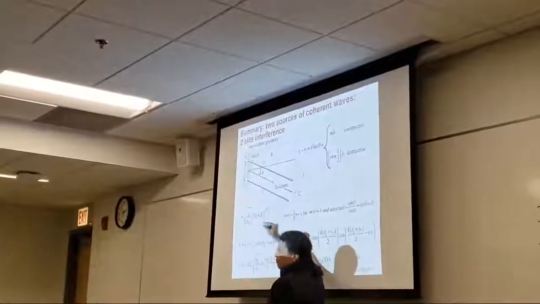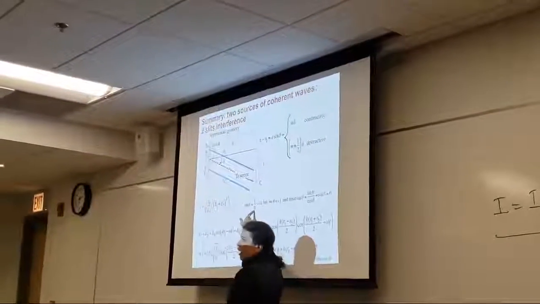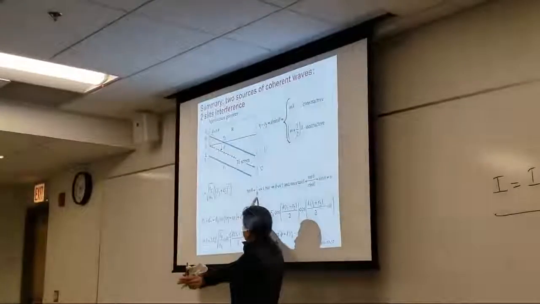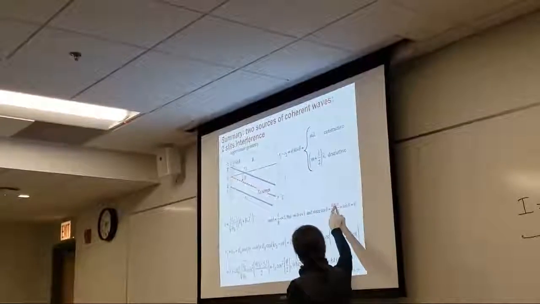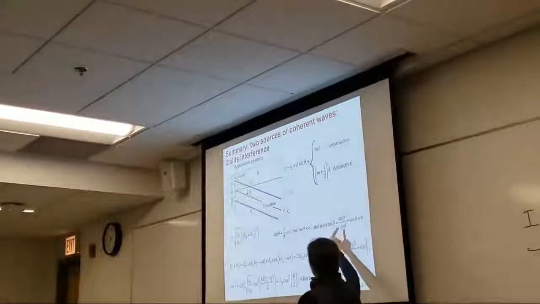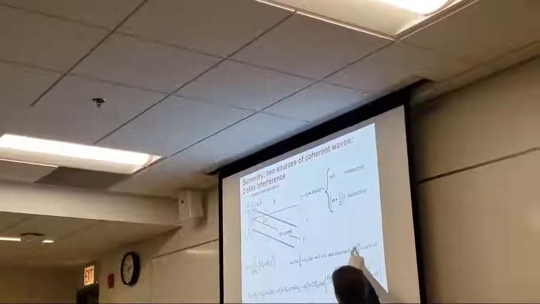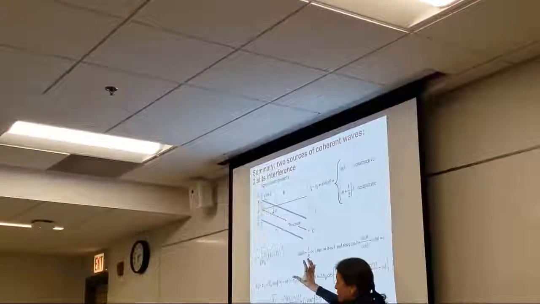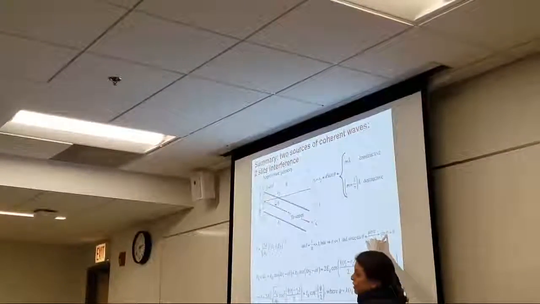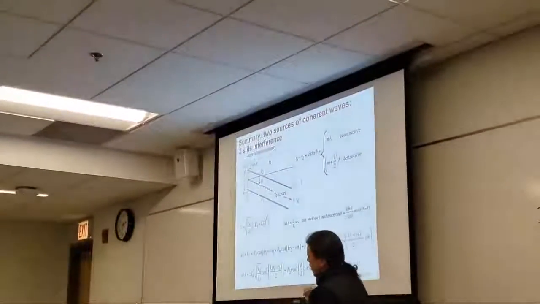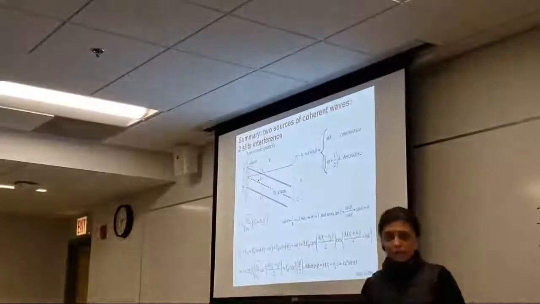In that case, since sine over cosine is tangent, when this is very small, sine theta is very small and cosine theta is almost 1. So the sine over the cosine is approximately sine theta, which is approximately theta. This is what we call the small angle approximation: sine theta is approximately theta.